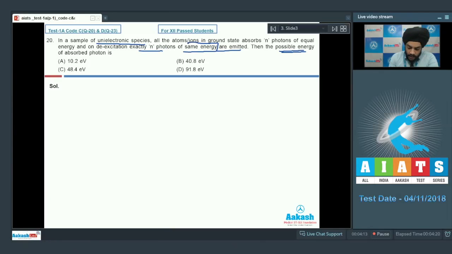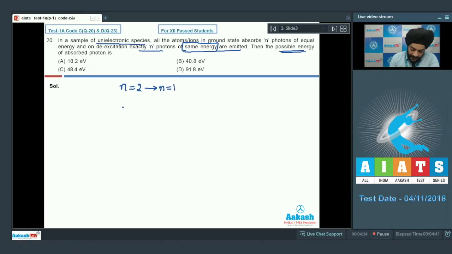So the photons of same energy will be only emitted in the case when the transition takes place from n equal to 2 to n equal to 1. Okay, there will be only one lambda in this case. So the examiner seems to be interested in knowing the energy difference between these two orbits for different isoelectronic species.